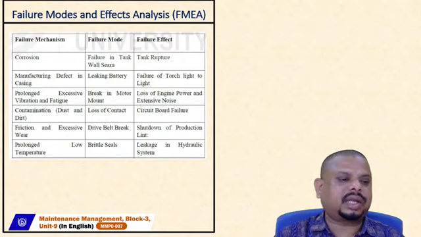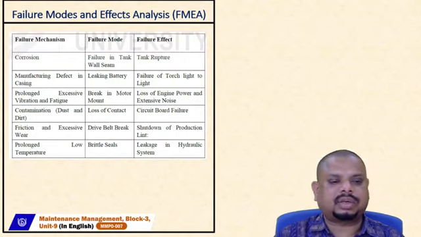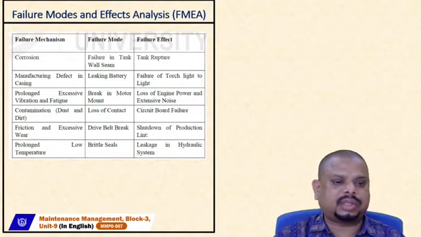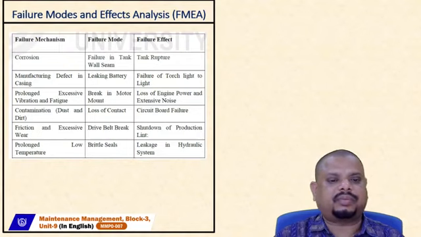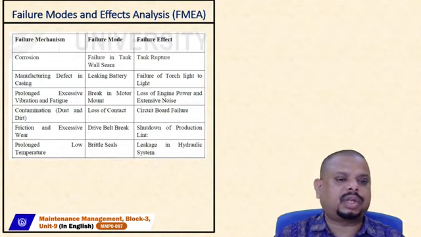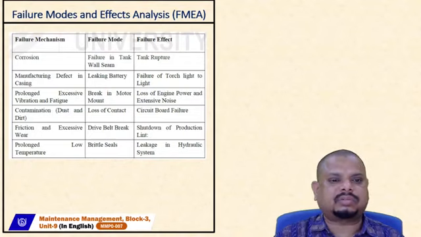The next is friction and excessive wear. It is basically seen in mechanical engineering or mechanical drives. The failure mode is dry belt break and the failure effect is shutdown of the production line. The next is prolonged low temperatures. The failure mode is brittle seals and the failure effect is leakage in the hydraulic systems.